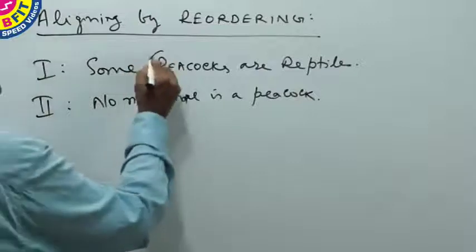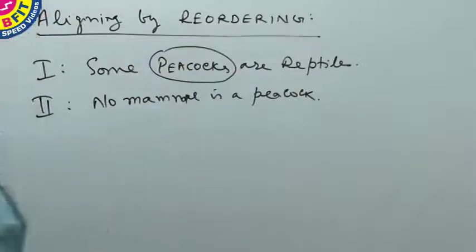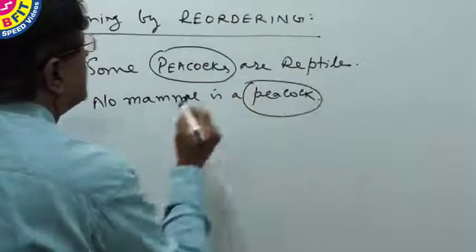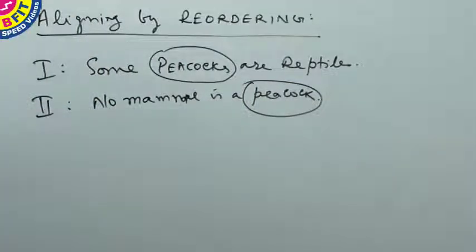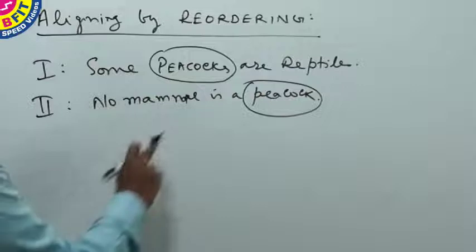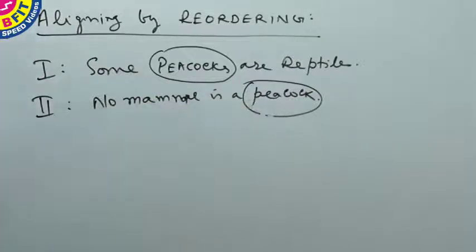Yes, there is a common term. Now if you look carefully, you will find peacock is the subject of the first statement and peacock is the predicate of the second statement. Therefore there is no need for conversion. To align, all we have to do is to reorder.